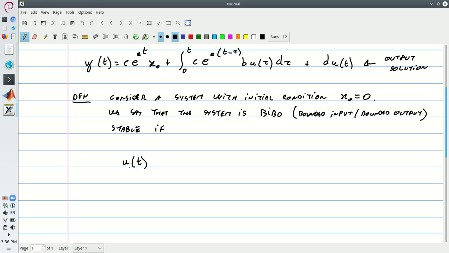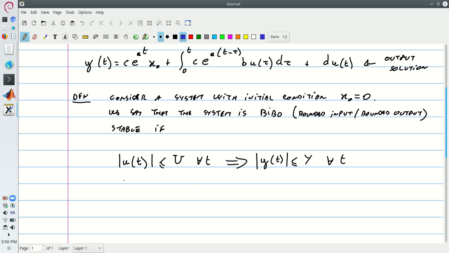The condition is that u of t in absolute value is less than capital U for every time t implies that the output is less or equal than capital Y, so here we have an inequality for every t. So let's parse this relation.